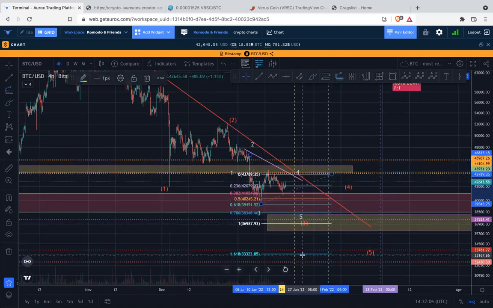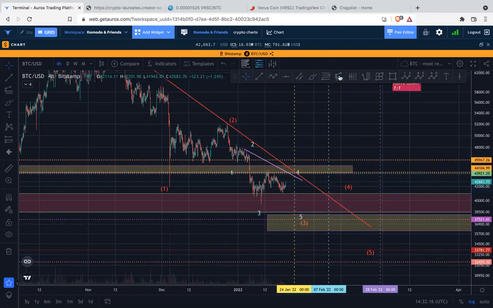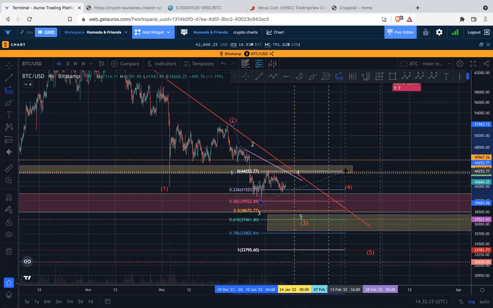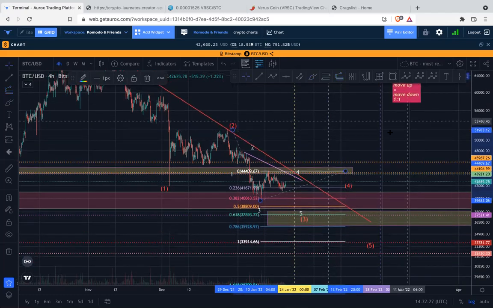So if it really wants to go 161.8, I could see that. I could see the 5th wave take that extension. But then in that case, it makes a bit of a desire to do one of these. It makes sense. We could have that they both work.